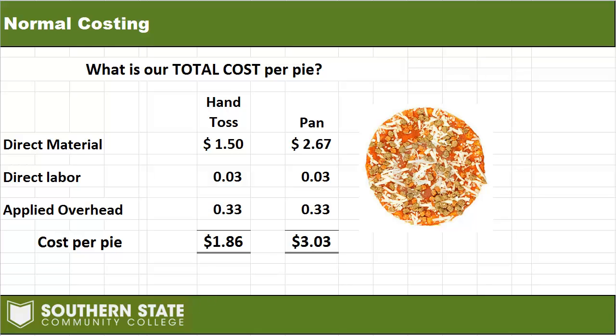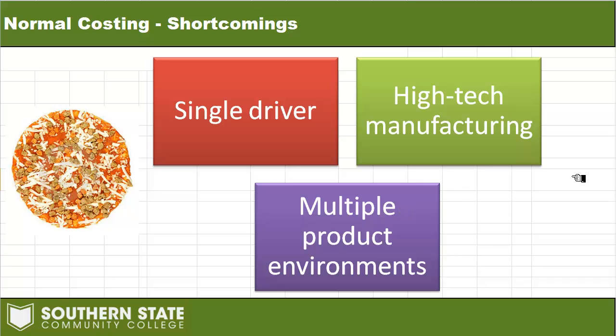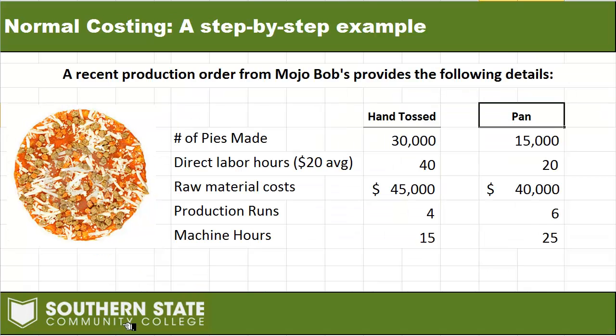That's normal costing, and there are a lot of shortcomings with it. It's not the end-all be-all. What we need to talk about are some of the things that are wrong with normal costing, and the big one is right here. You're only using a single driver to allocate that overhead. If we look back at our problem, we were using the direct labor hours to allocate overhead, but look what happens here. Our pan pie is 20 direct labor hours.